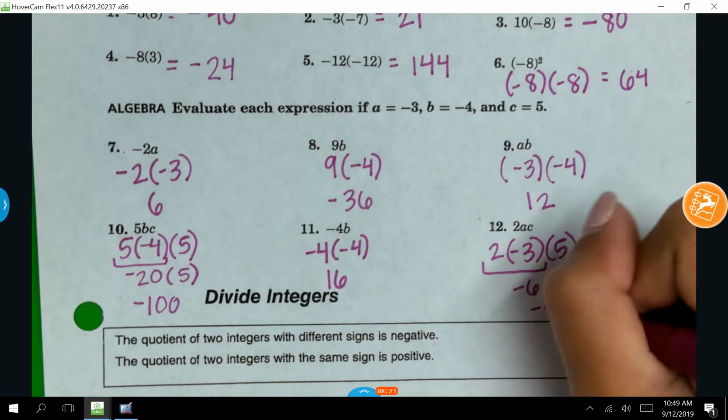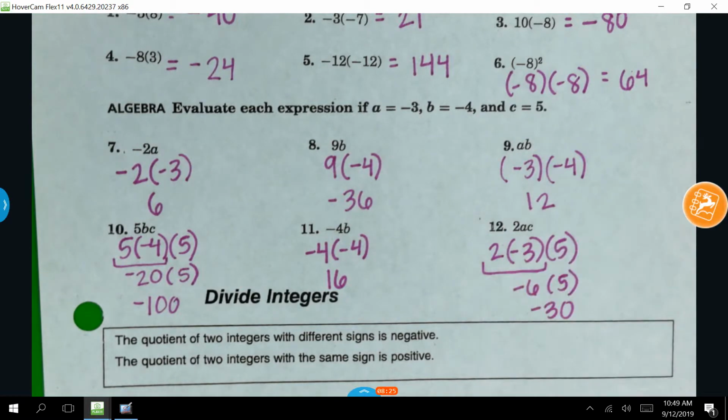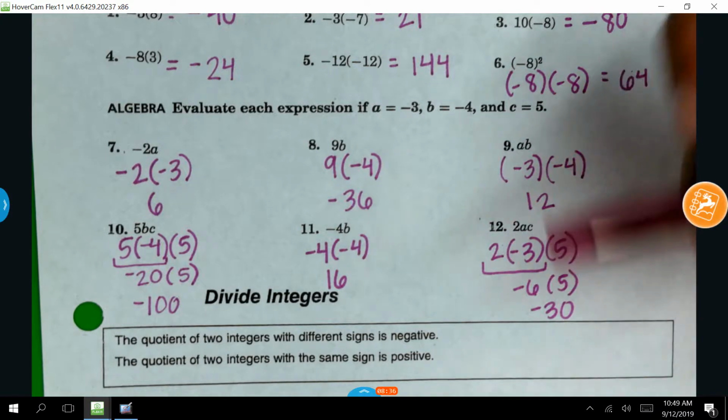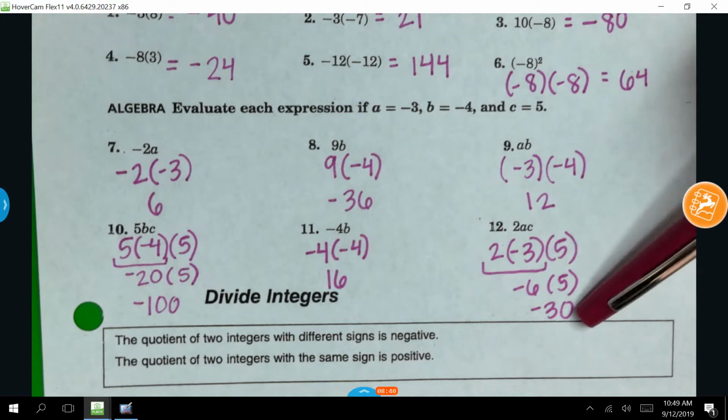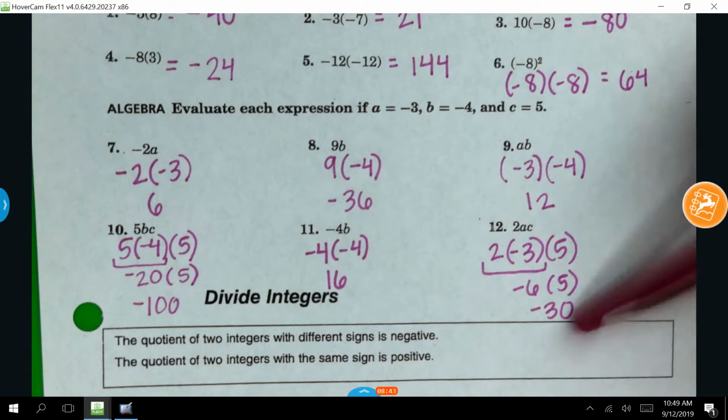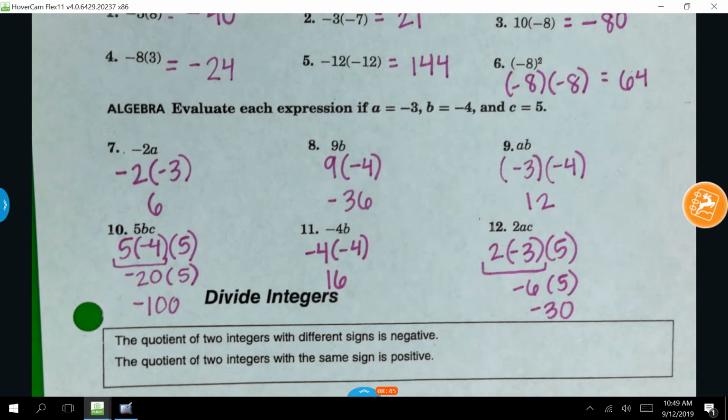Good, -30. Questions? Pretty easy. Caleb, couldn't you do 2 times 5 and 10 times -3? Yep. If you did 2 times 5, you get 10, right? So then 10 times -3, does it still give you -30? Yep.